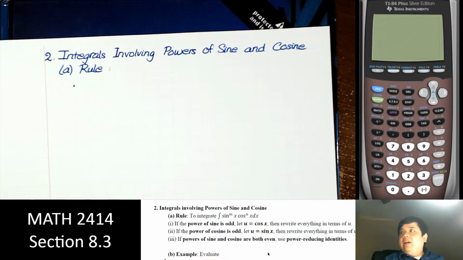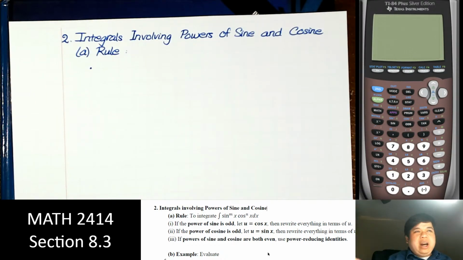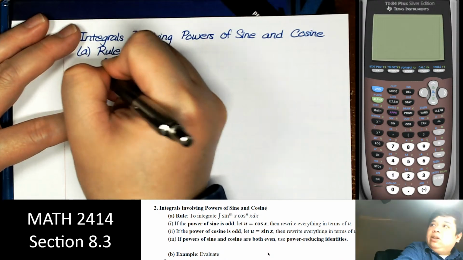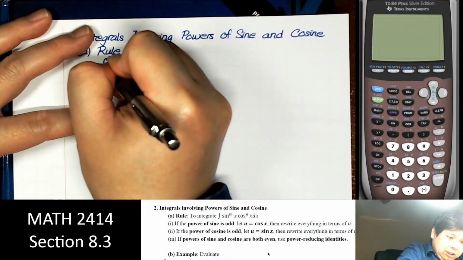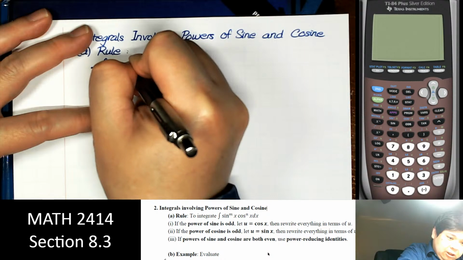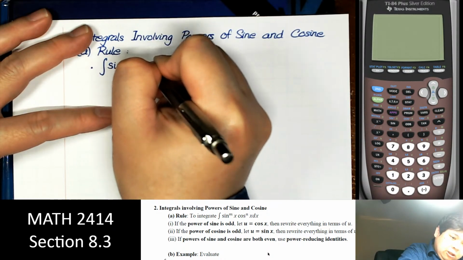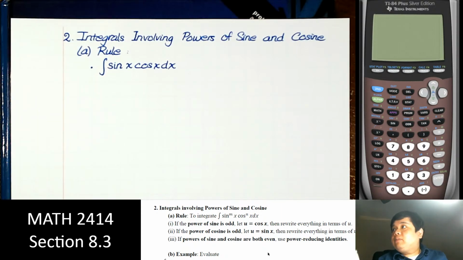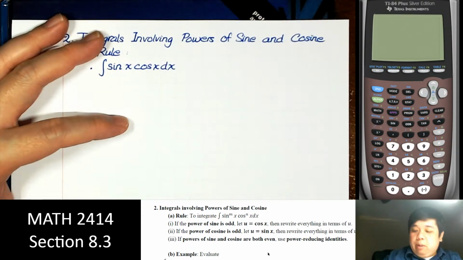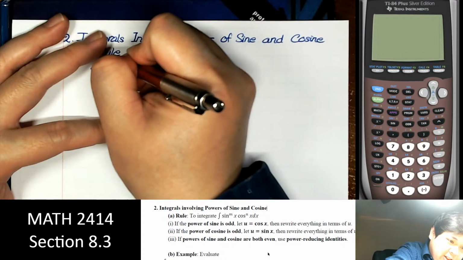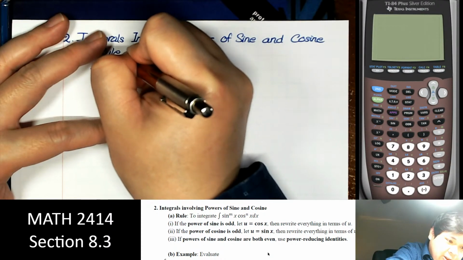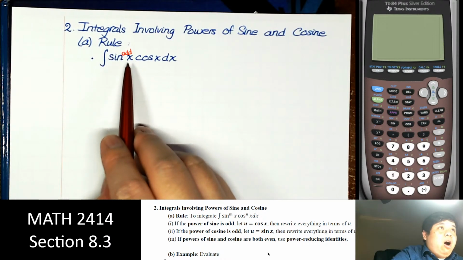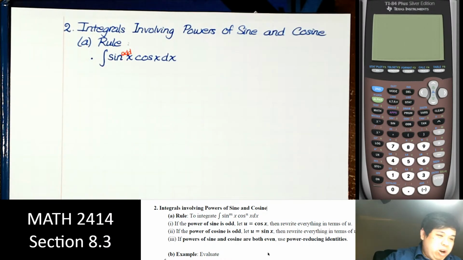First, if the power is odd, so instead of writing like what we have in the notes, I will write it differently. Let's say we have the integral of sine and cosine, and the power of sine is odd, and then cosine could be raised to any power.